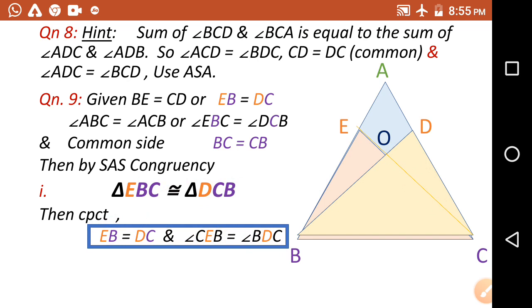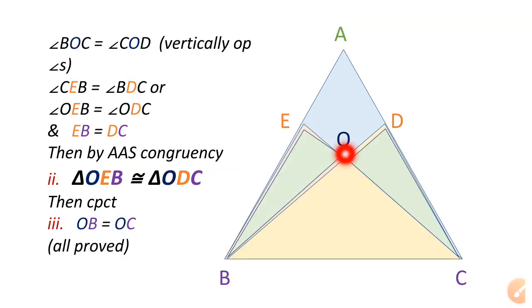Now see the next page. For bit 2 we have to prove those two triangles congruent, the green colored triangles you can see in the picture. For those two triangles, this one is BOE, and BOE is equal to COD.